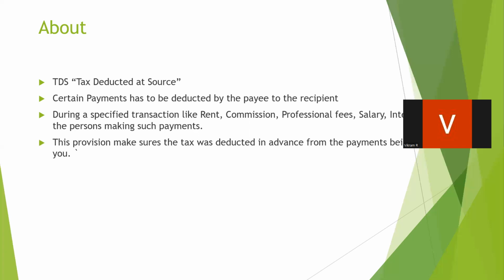That is, if you pay a certain amount for a transaction like salary, commission, professional charges or technical fees, we have to deduct the TDS and pay the remaining amount. So today we are going to see these TDS sections.